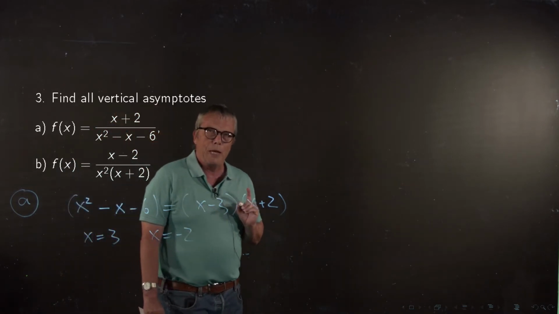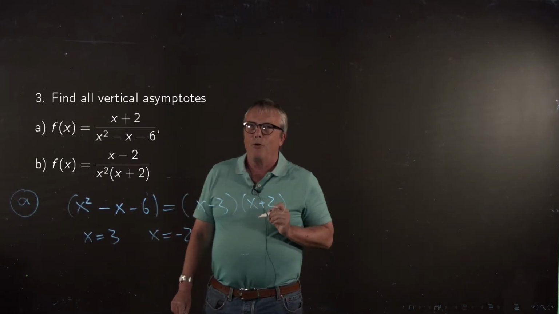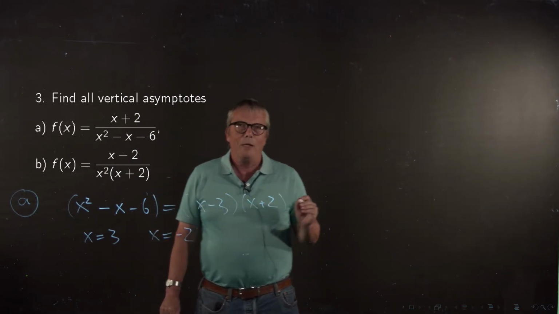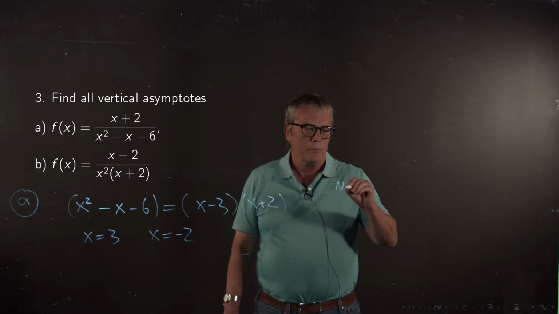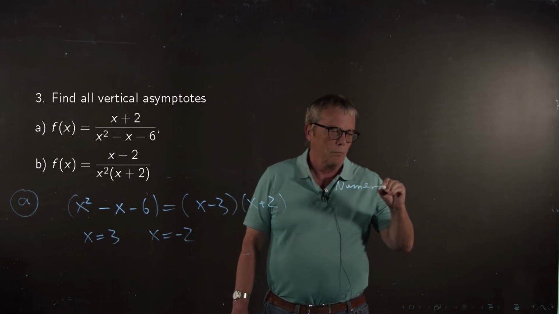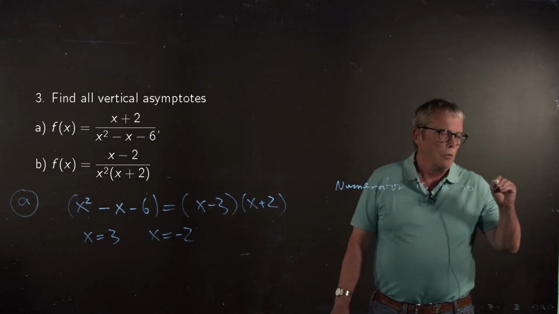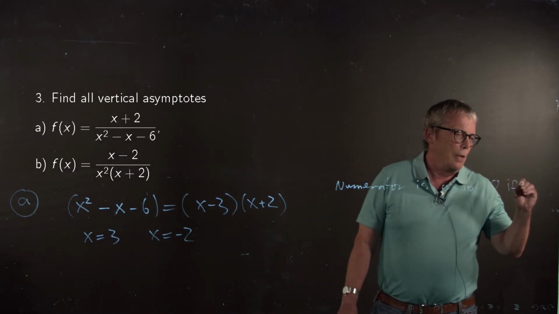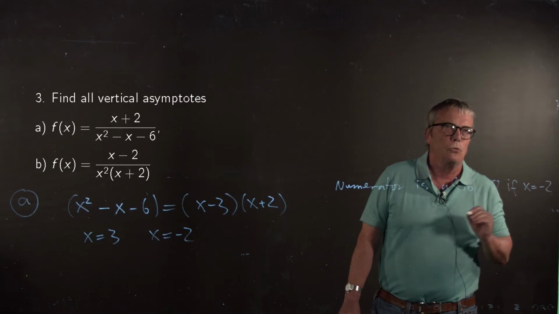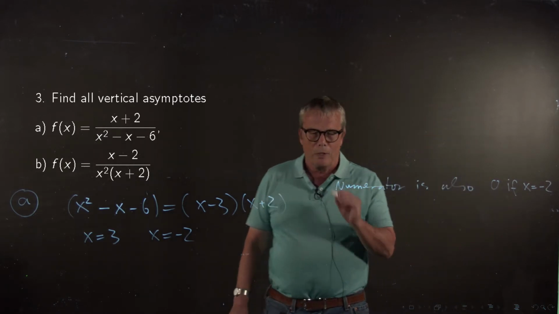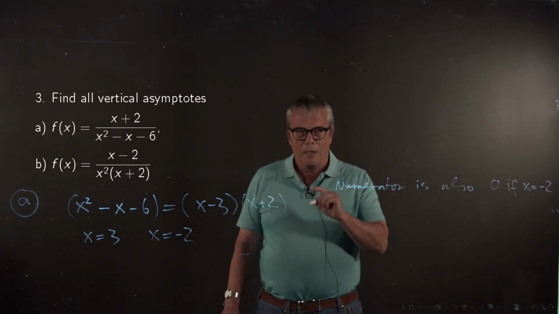Now, what happens for the numerator? Well, the numerator is also 0 if x equals minus 2. So thus, we have to do a little cancelling.